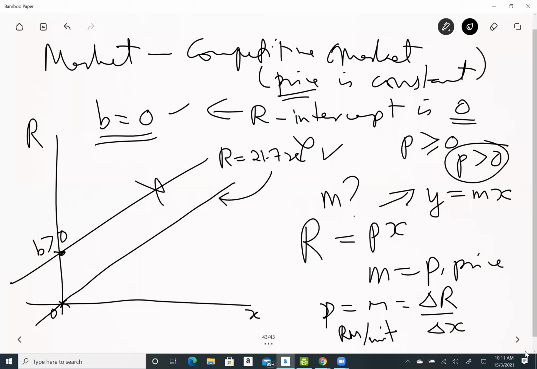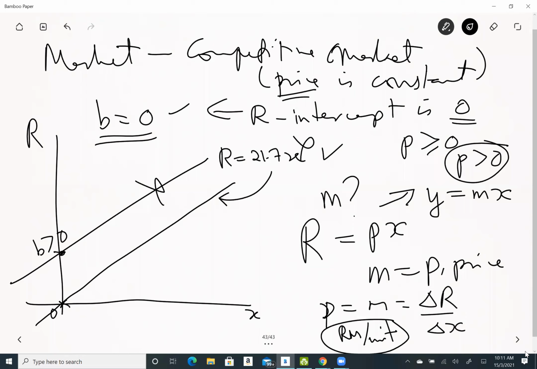So the price, the unit is ringgit per unit or dollar per unit. That's the unit of the price we know, all right? When you buy something, you know the price is 21.7. What does it mean? It means 21.7 for 1 unit. Okay, everybody understood. So you don't have to say the price per unit because that is understood by everyone in the market. All right, but the unit is RM per unit.